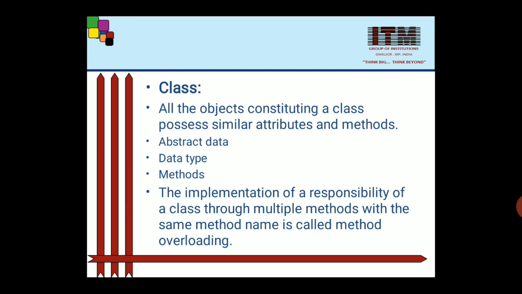So the operations supported by an object are implemented in the form of methods. The implementation of the responsibilities of a class through multiple methods with the same method name is called method overloading.